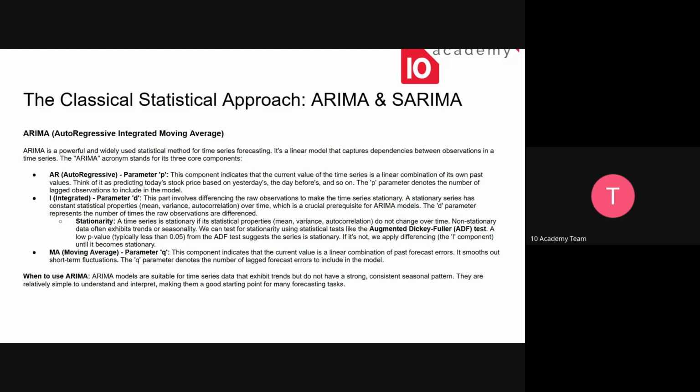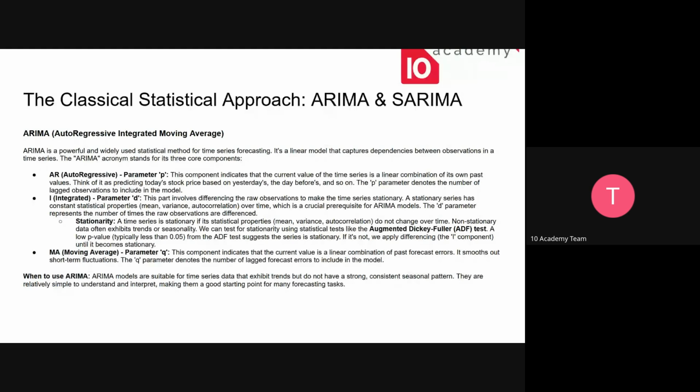So we're talking about time series data, right? One of the main things that distinguishes time series models from other machine learning models is that the data is generated depending on time.